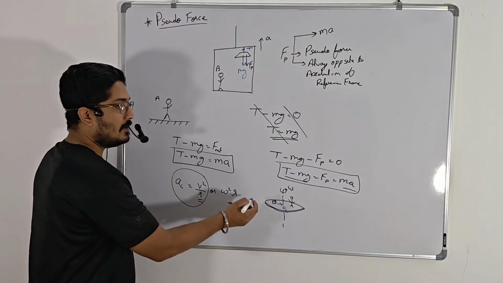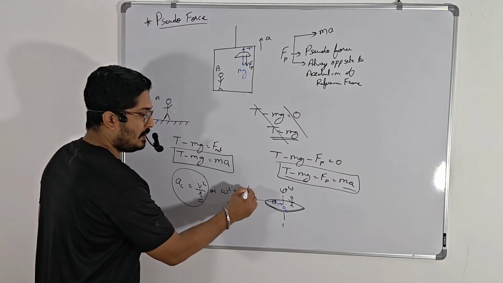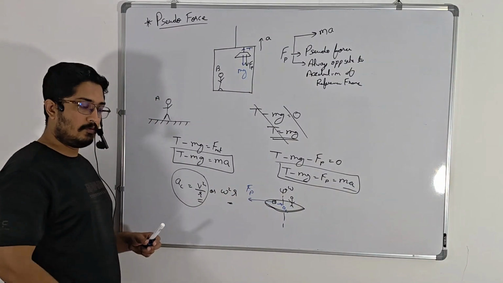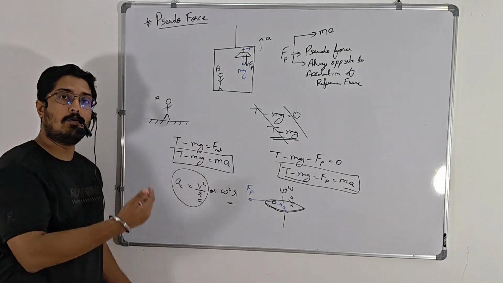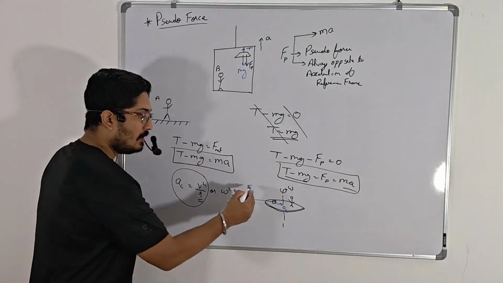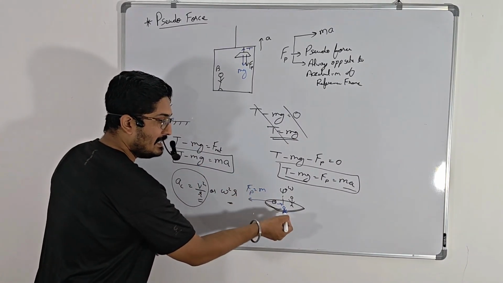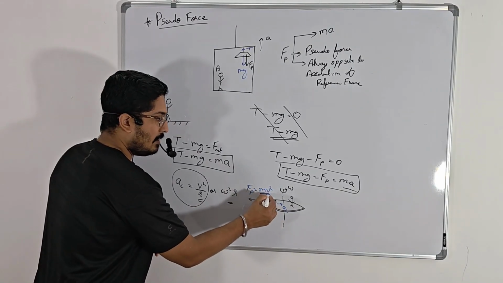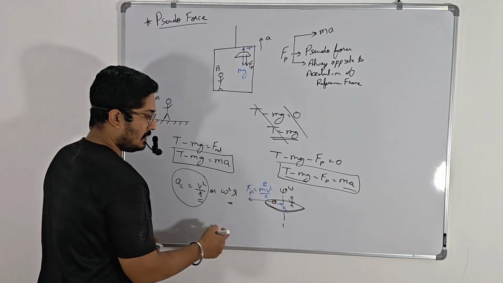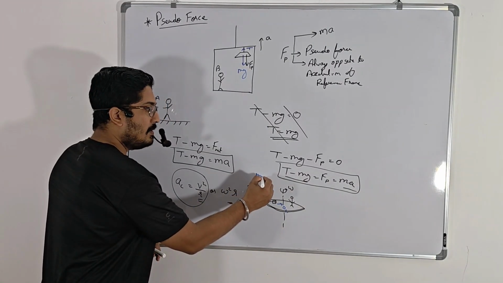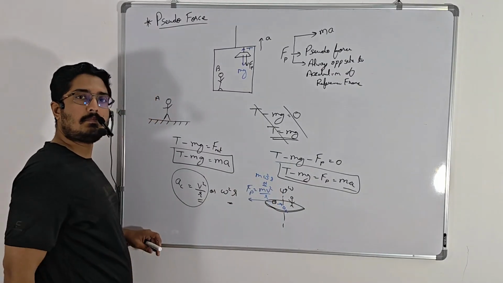If that is the case, then the pseudo force, FP, should always act in the opposite direction, that is radially outwards. And how much is the magnitude? It will be m into AC. AC is nothing but v square by r, so it is m v square by r, or the other formula is m omega square r.